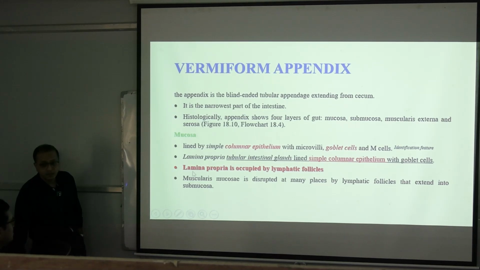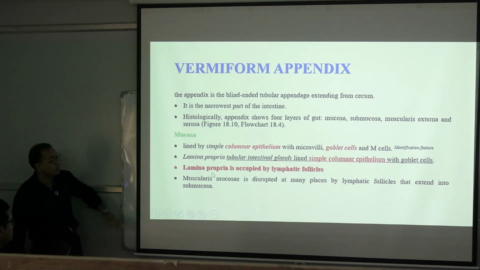Lamina propria, this feature is important here: the lamina propria of this appendix is occupied by lymphatics or lymph nodes, and these may not be present in the lamina propria itself, maybe just going down to the submucous layer as well.